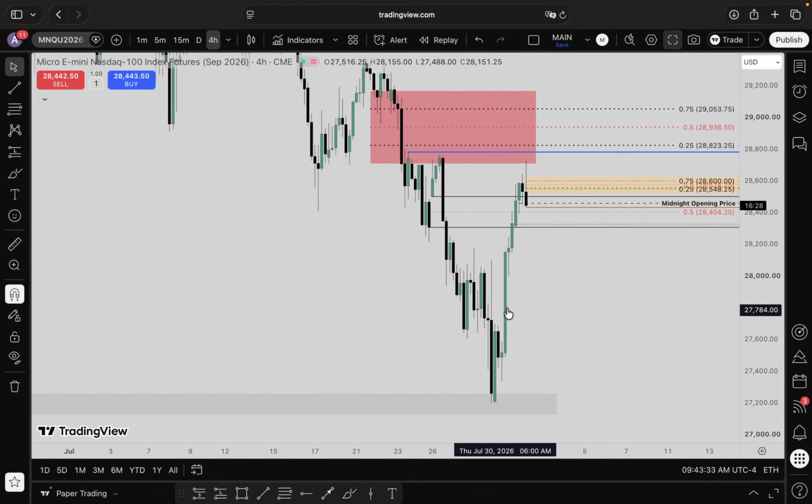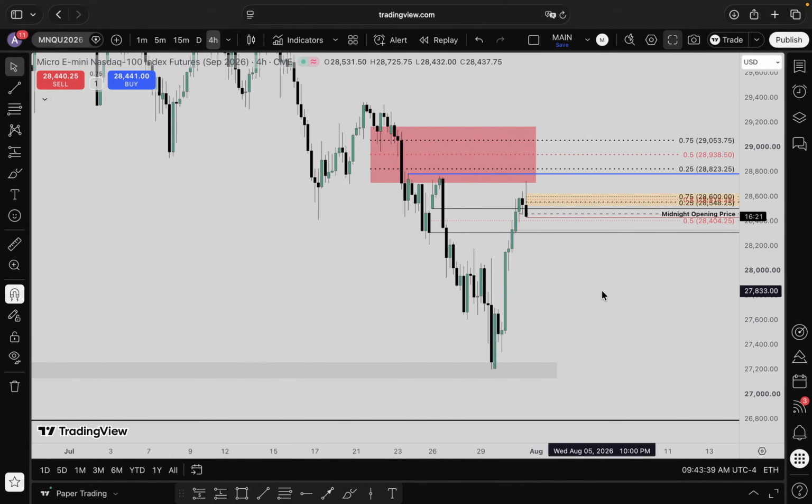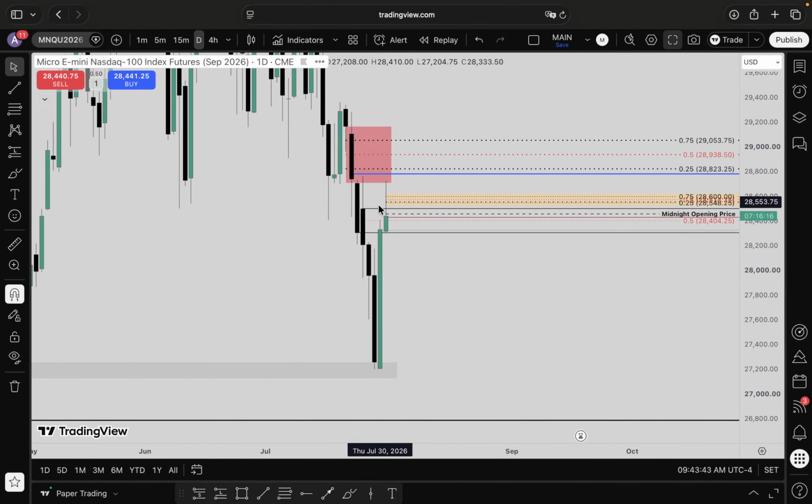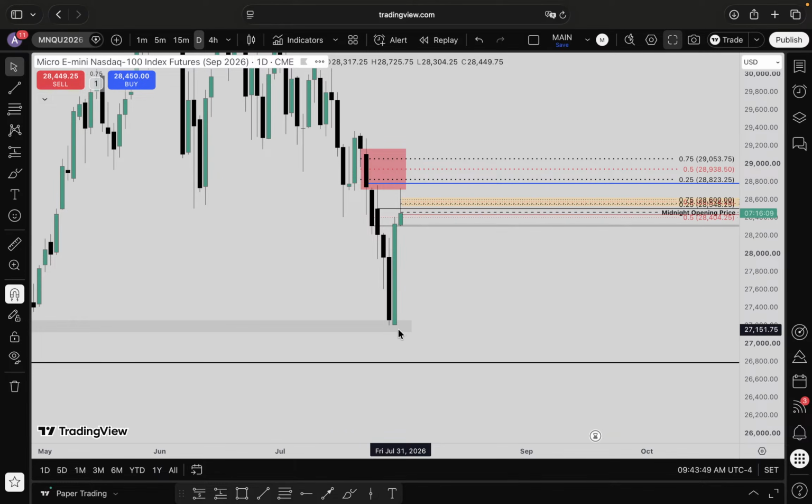So if we do want to trade into here or even trade down to these lows, that'd be insane. No lie. But the daily did take out the previous day high. So by later on, we could be getting this move down to cover up this candle. Who knows, man? Or at least 50% of the previous day candle.